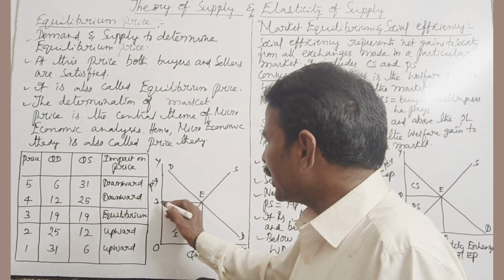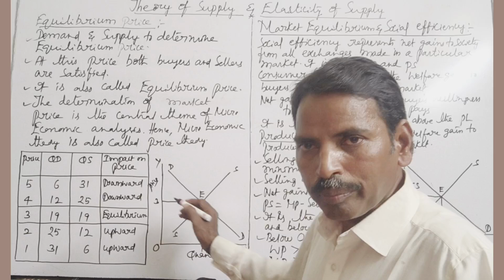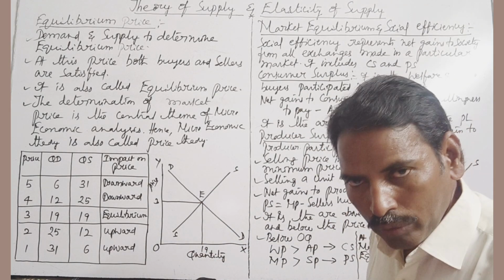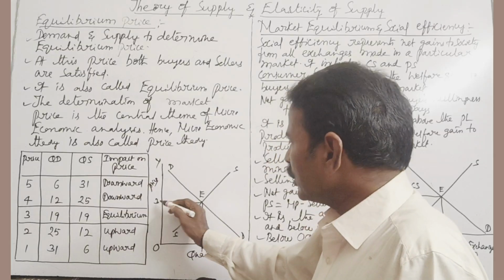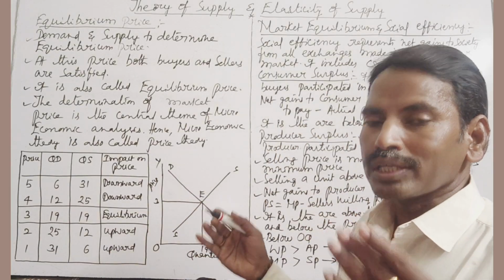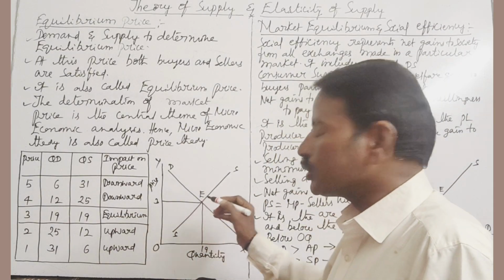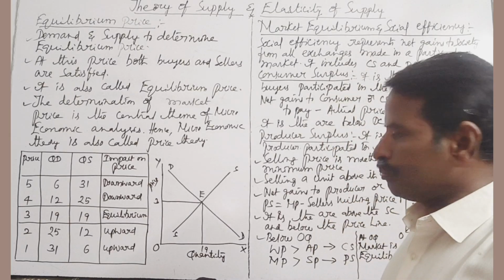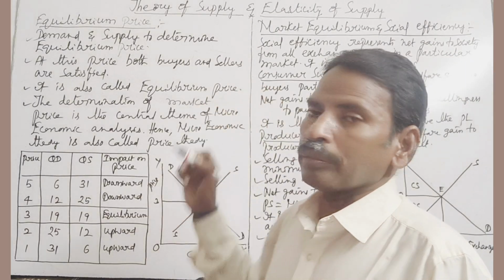There the price is determined, called equilibrium price, and the quantity is determined, called equilibrium quantity. At this price, both buyers and sellers are satisfied. This price is also called market clearing price.